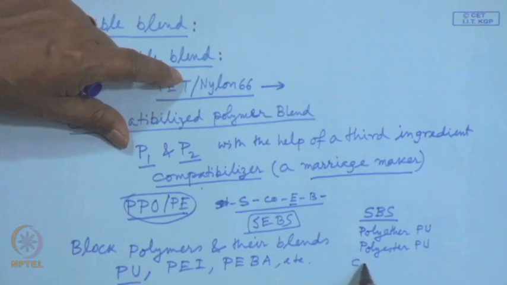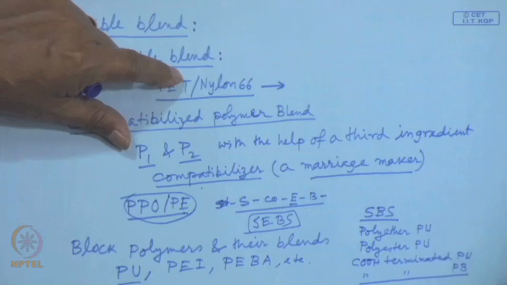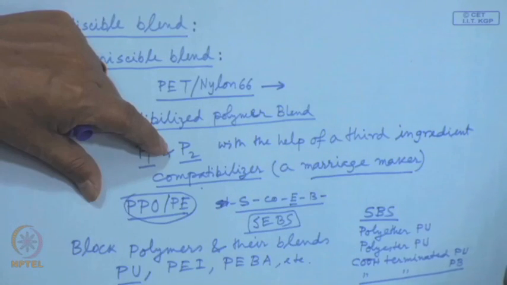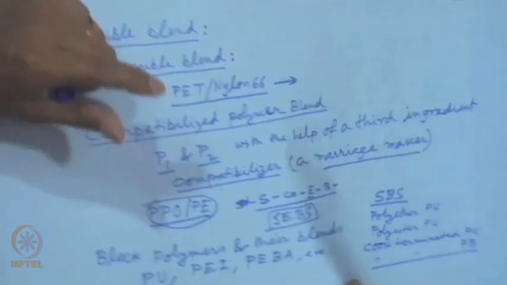Similarly, carboxyl terminated polyurethane, carboxyl terminated polybutadiene. There can be many examples cited in favor of block polymers and their blends. There are so many block polymers, they can also be blended to form a new product having a newer set of properties.